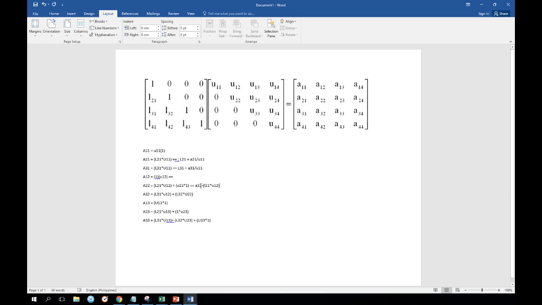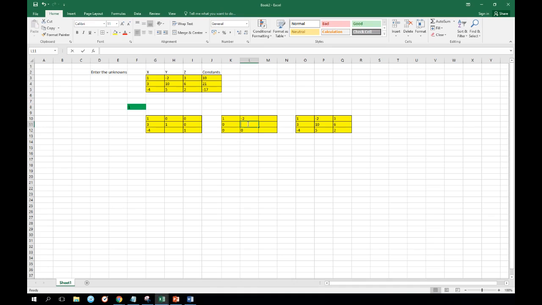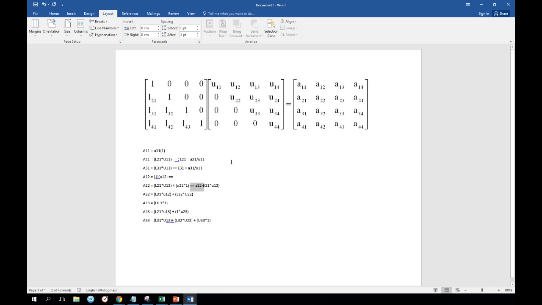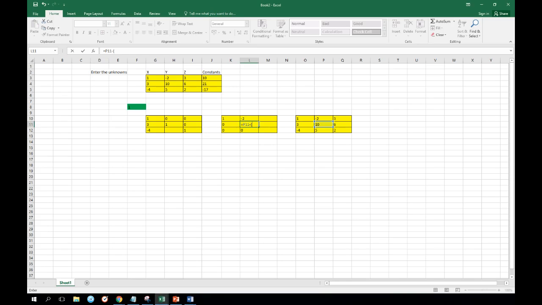So let's do that one by one. A22 is this one, so we can simply put here A22 minus L21, which is this, multiplied by U12. For this part, it's 3 times -2.